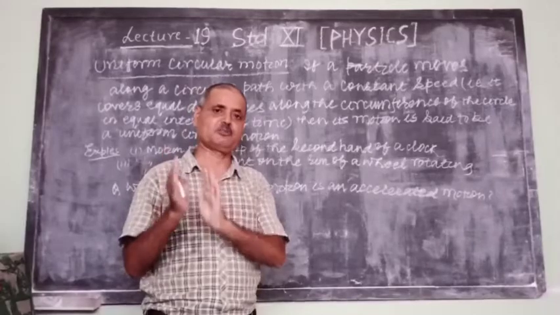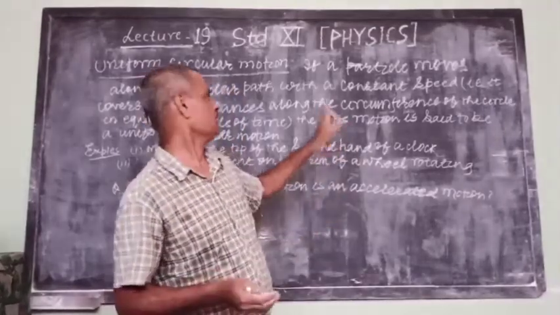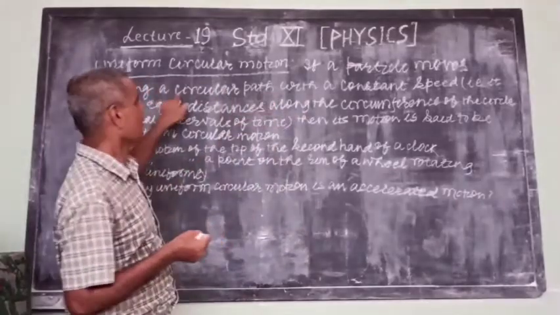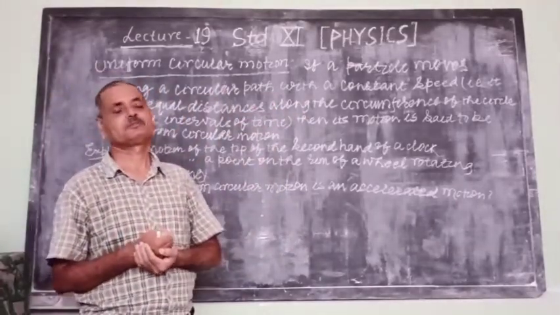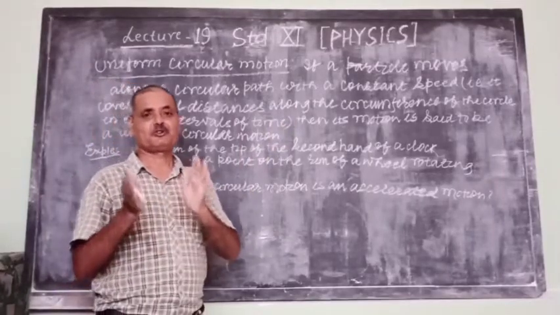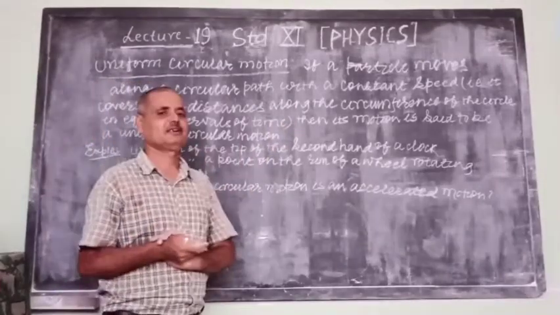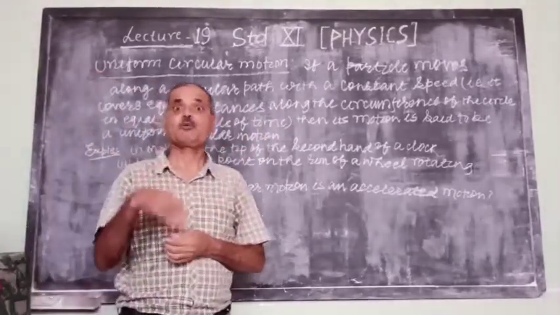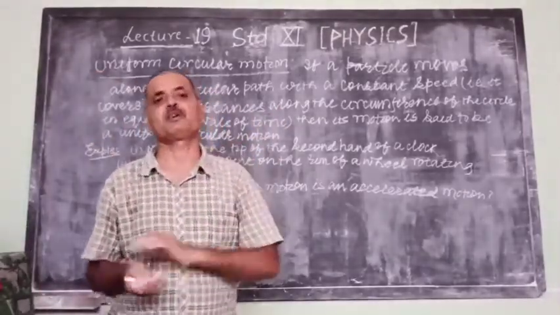Uniform circular motion. The definition: if a particle moves along a circular path with a constant speed. So what do we mean by constant speed? Constant speed means it covers equal distances in equal intervals of time.